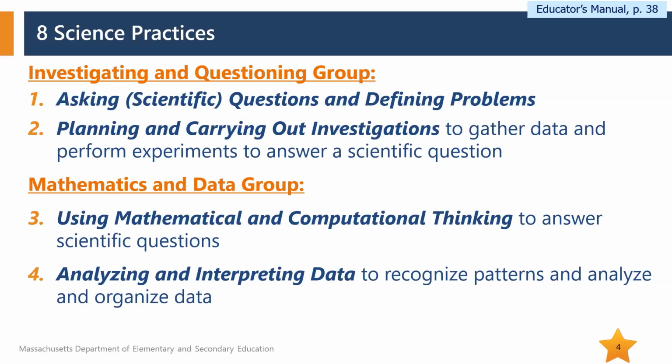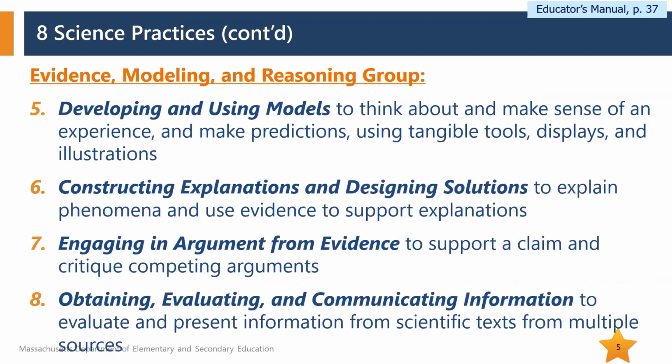And they are in various groups. The first group of science practices are under investigating and questioning. That's asking questions and defining problems, planning and carrying out investigations. The next group is called mathematics and data. Included in those practices are using mathematical and computational thinking and analyzing and interpreting data. And the last group is called evidence, modeling, and reasoning.